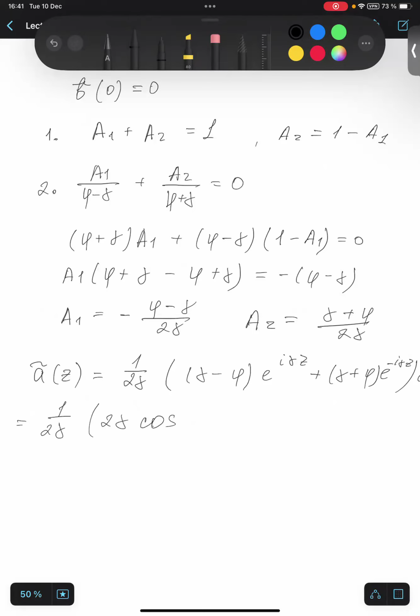This is nothing else than cosine gamma z minus 2 phi i sine gamma z.